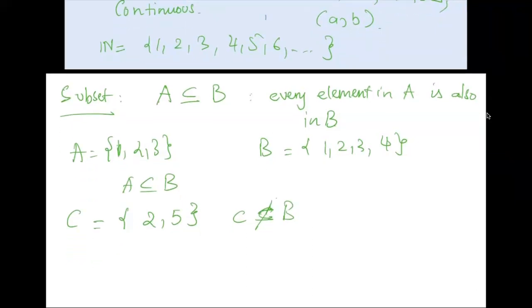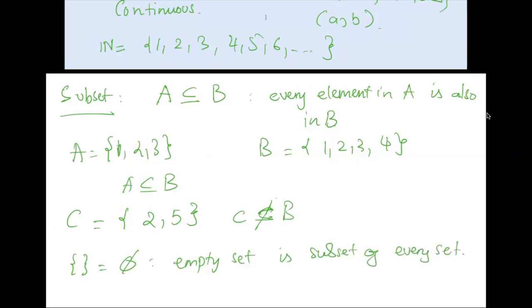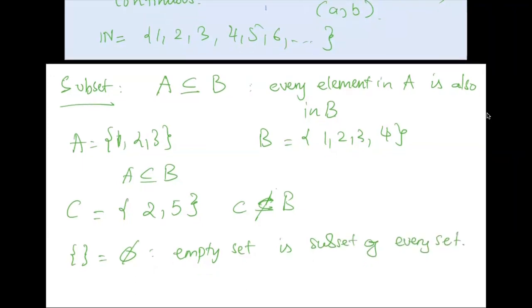And another thing is the empty set. This one or this one, we call it an empty set. It is a subset of every set. No matter what your set is, the empty set will always be a subset of that set.